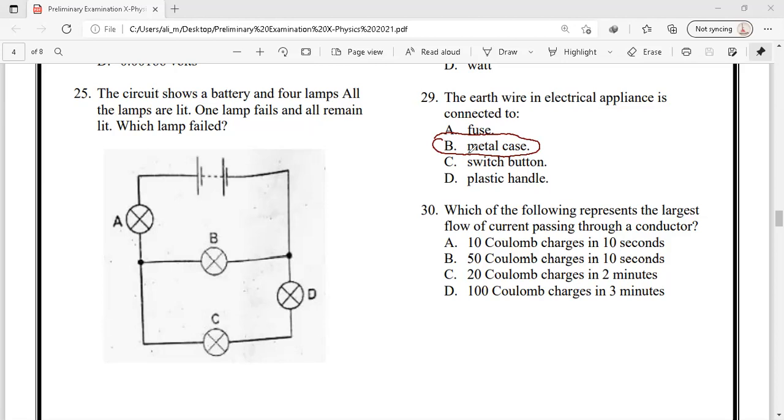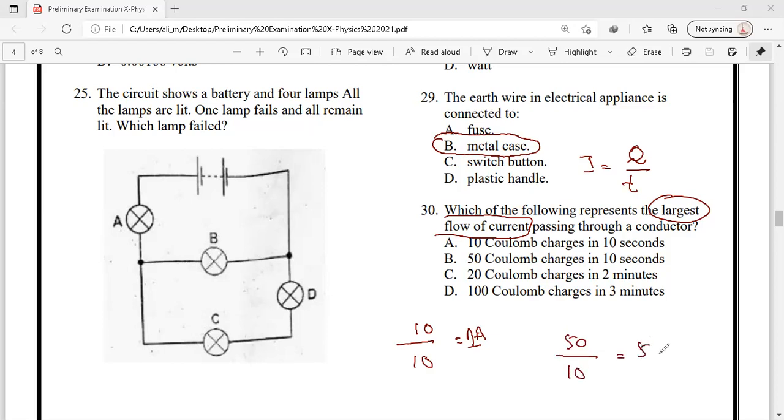Then which of the following represents the largest flow of current? We have to identify the largest flow of current. So the current by definition is equal to the rate of flow of charge. So in option A, we have 10 coulombs of charge in 10 seconds. The current would be equal to 1 ampere. In part B, we have 50 coulombs of charge in 10 seconds.